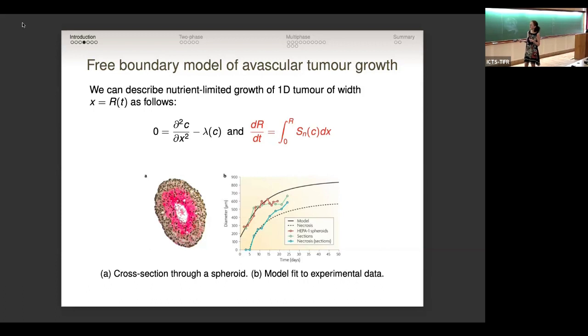It means that I've scaled lengths and time scales in such a way that the time scale on which the nutrients are diffusing and or being consumed is much faster than my time scale of interest. My time scale of interest is the time scale on which I see changes in the tumour volume, right?